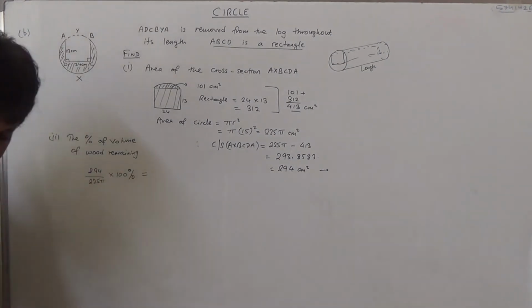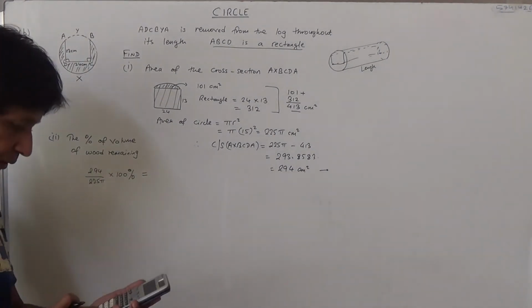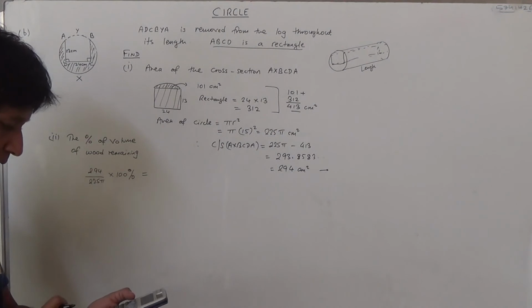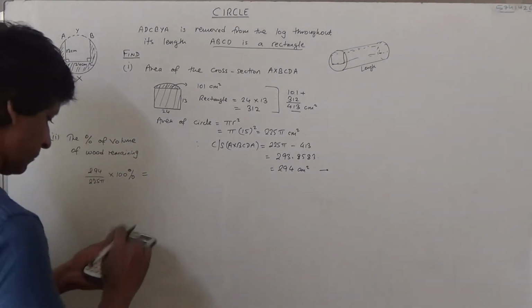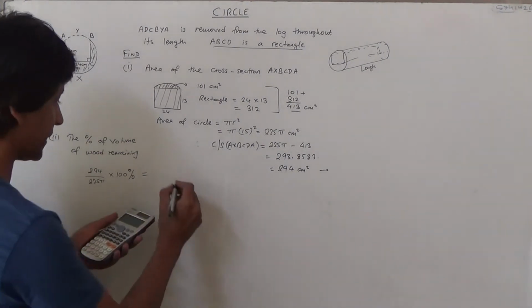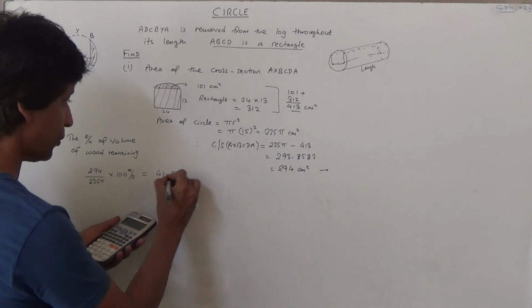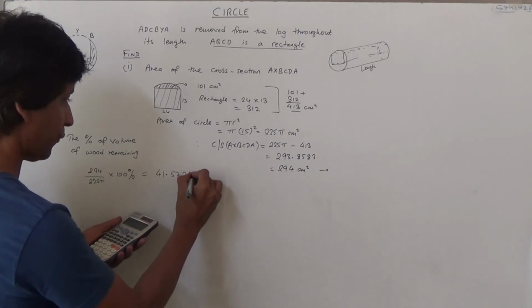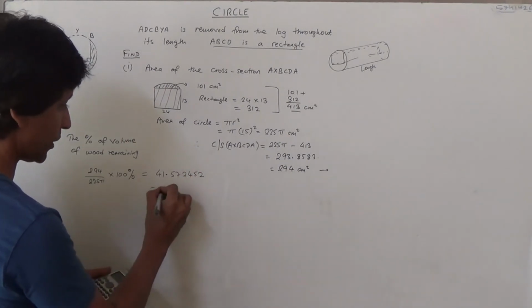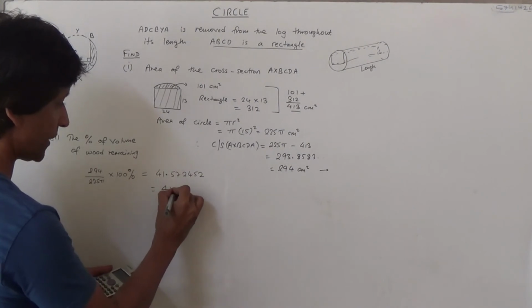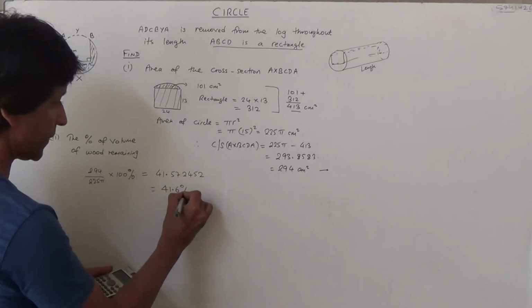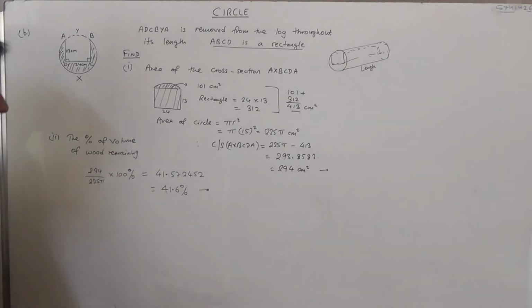That should be our answer. Not that difficult. Divided by 225 pi, multiplied by 100, that's coming to 41.572. In other words, we're saying 41.6%. So that's the last part of the question.